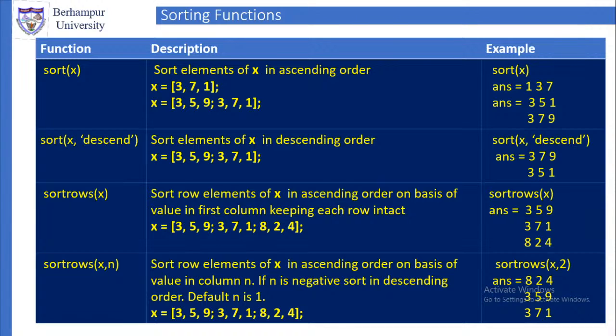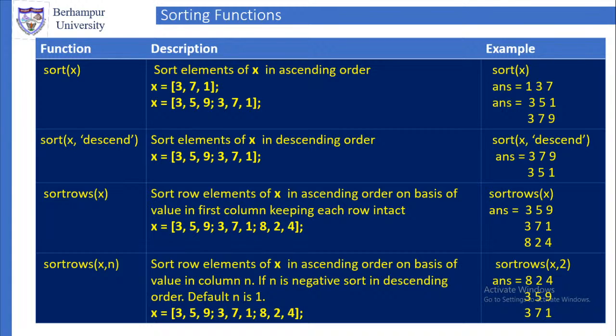So that will be the first column. The second column will be 5, then 7, then 2. And the third column will be 9, then 1, then 4. Why is this coming as 9, 1, 4 and 5, 7, 2? Because the rows are intact. The columns are not changing.